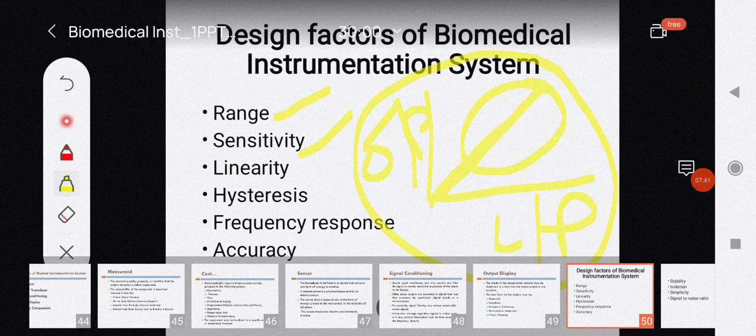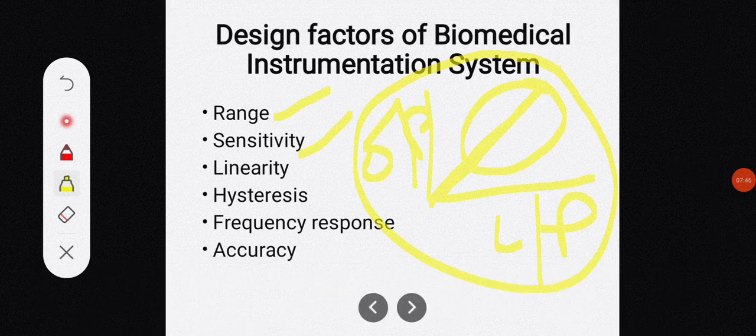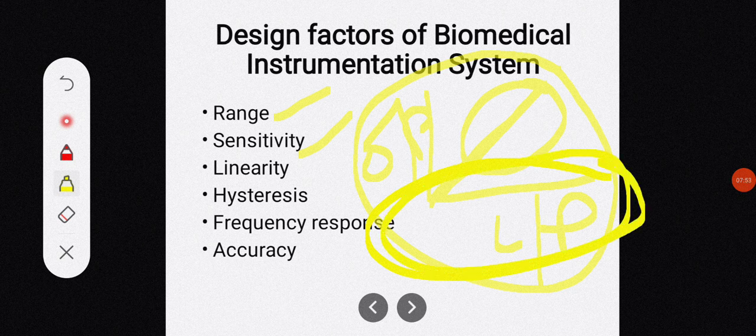So if the calibration curve is linear, it means that the sensitivity at all the points will be constant. That is, for the entire range of the physiological parameter to be measured by the biomedical instrumentation system, the system is going to have constant sensitivity. That is, it will show the same change of output signal for the same change of input signal.